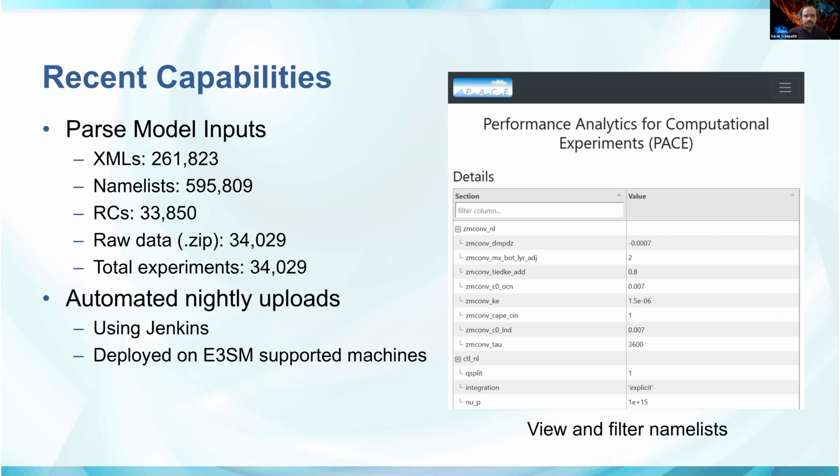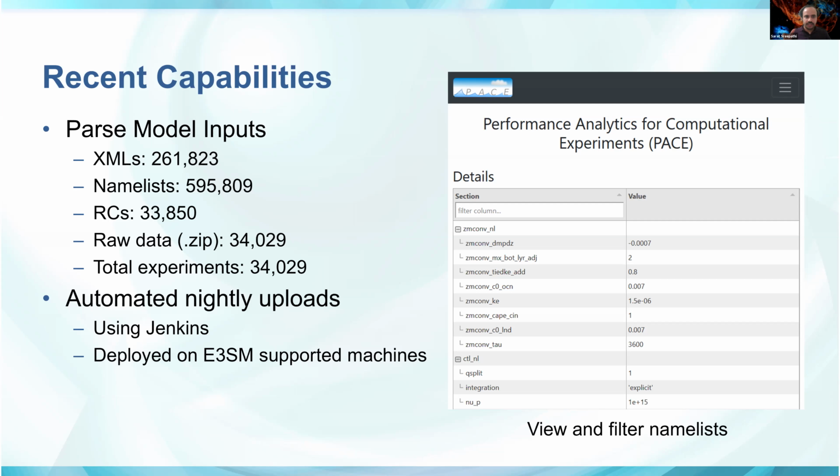As I said, this started out in 2018 as a prototype, and slowly we have added many features. Some of the recent capabilities are processing the model inputs for easy viewing and easy filtering. We are now processing a bunch of XML files, namelist files, which are Fortran input files, and any other file in the provenance directory, as well as logs from each of the components.